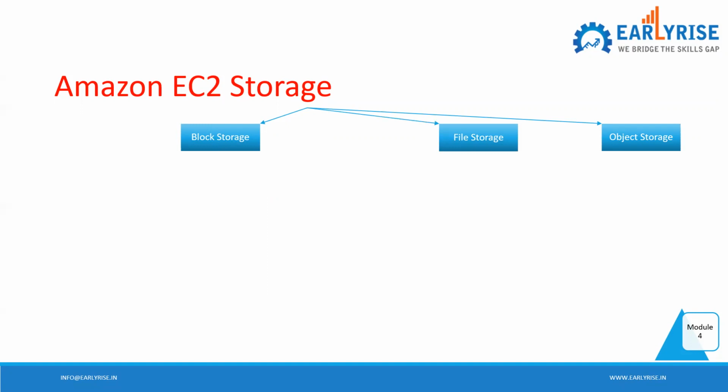So with EC2 you got mainly 3 types of storage: block storage, file storage, and object storage. Now, just remember only 3 types: block storage, file storage, object storage.